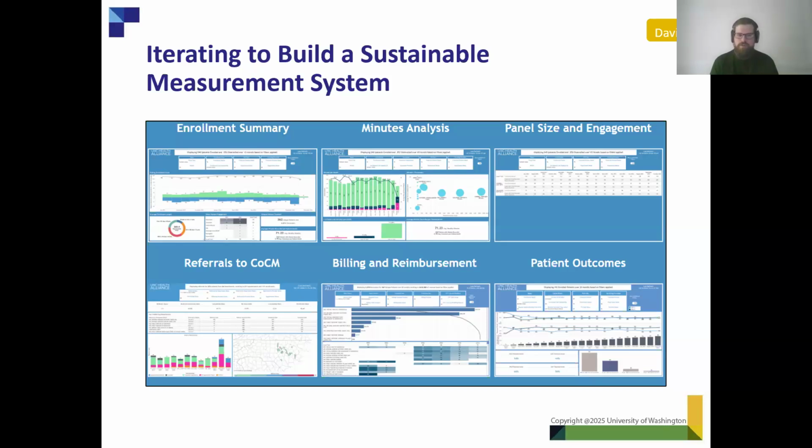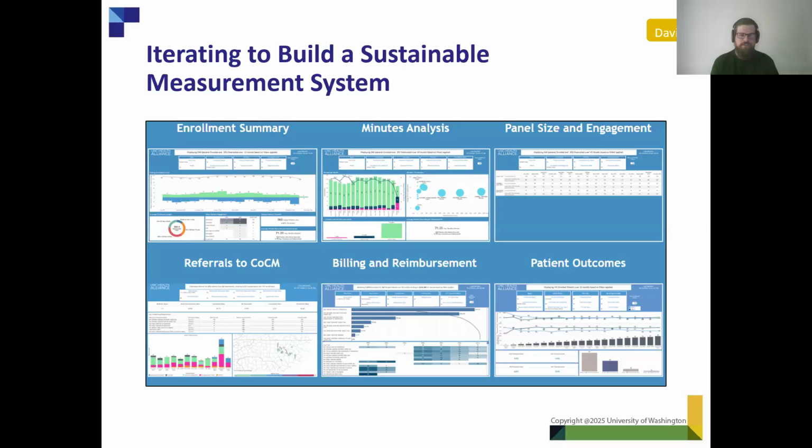So for our billing and reimbursement tab, we can have a clear vision of, at each location that we're supporting, are we generating the reimbursement that we expect? What does the denial rate look like? What are the reasons for it? And so we can have actionable data as quickly as possible to make sure that we're following up as necessary.